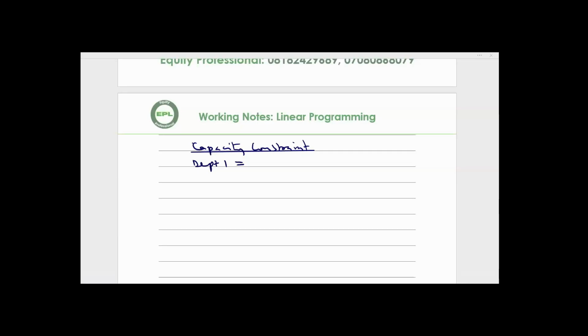Therefore, 20 multiplied by 40 hours will give us 800 hours. That's the maximum. Department 2, there are 15 employees. Then they require 40 hours. What do we have there? That should be 600.